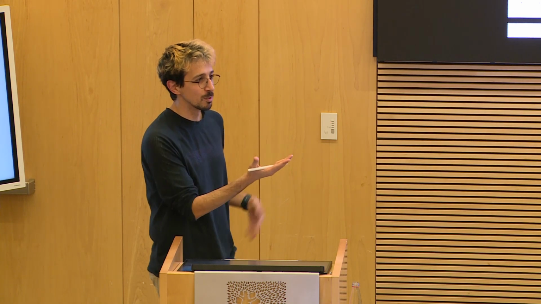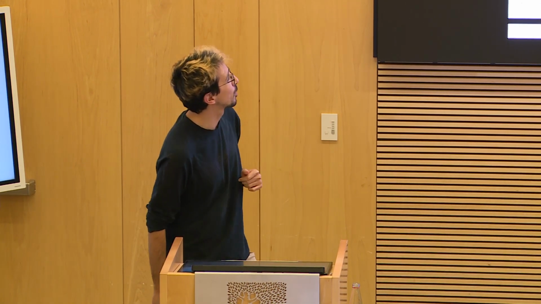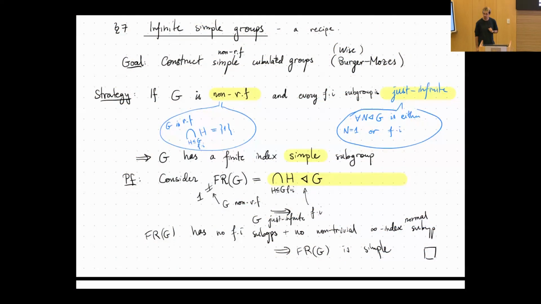Are we happy with this very elementary kind of group theory idea? Of course, the difficulty would be to somehow find an example in which those two properties happen together, because the just infinite condition sounds very strong. Yes. Non-residually finite groups, okay. Yes, so we see that even the first one is hard to get in the cubulated setting, right?